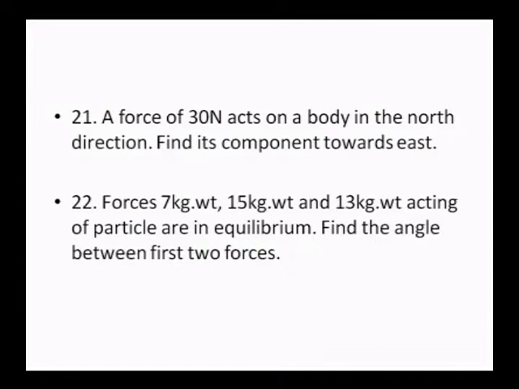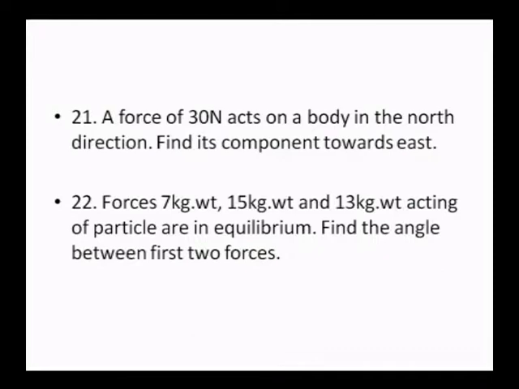Forces 7 kg weight, 15 kg weight and 13 kg weight act on a particle which are in equilibrium. Find the angle between the first two forces. So, 3 forces are given, one is 7 kg weight, 15 kg weight and 13 kg weight acting on a particle.